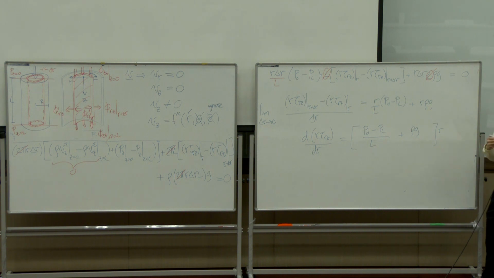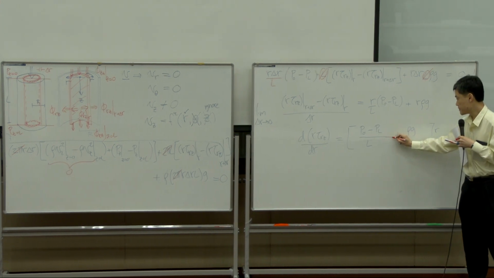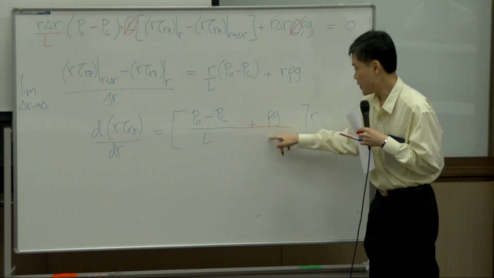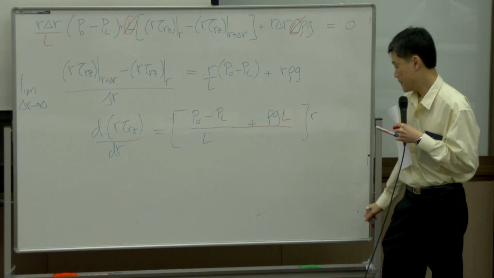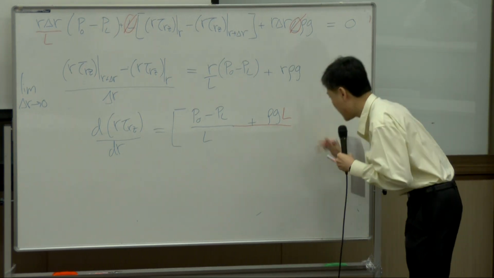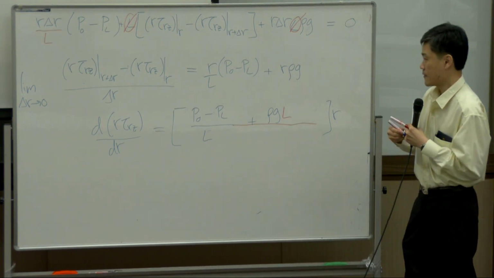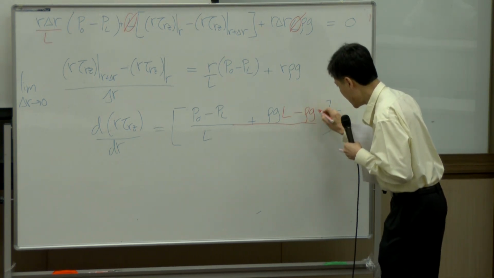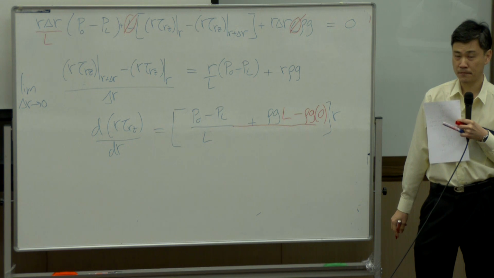Now on the right hand side, if I extend this division line to here, I need to multiply by L. Then, if I extend it further, I can subtract rho G times 0. It remains the same. This term is 0.